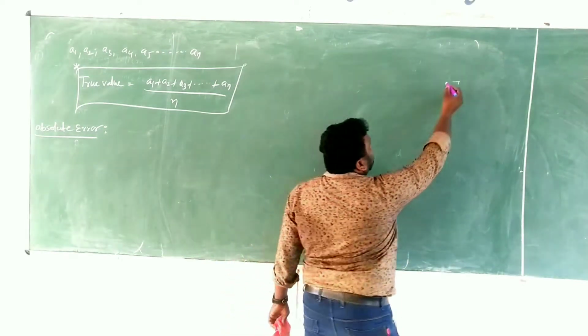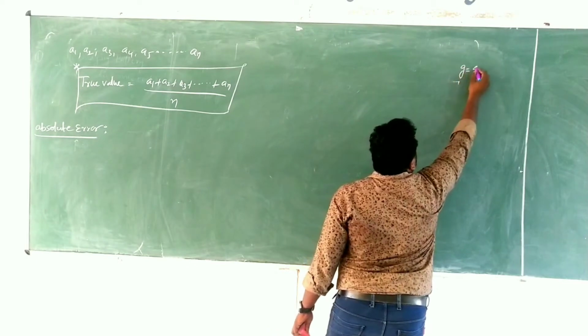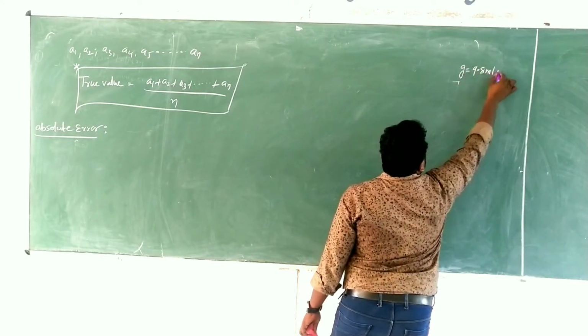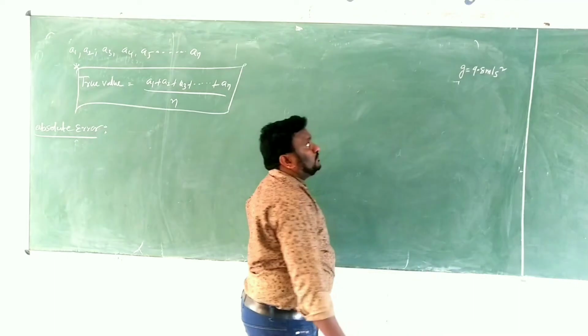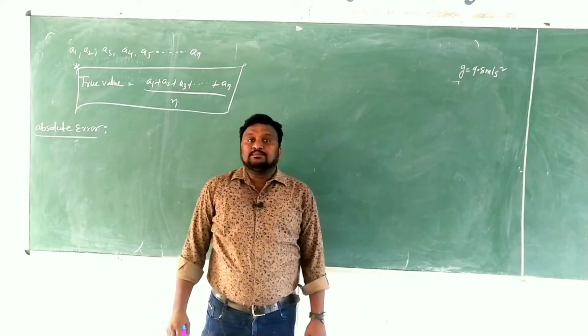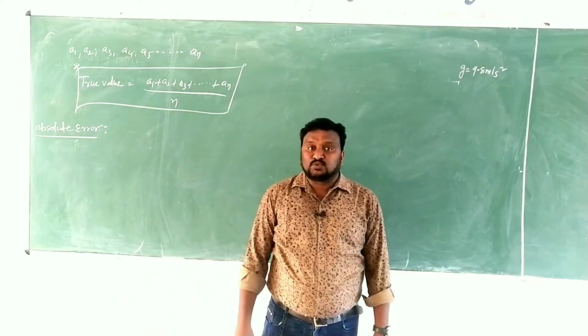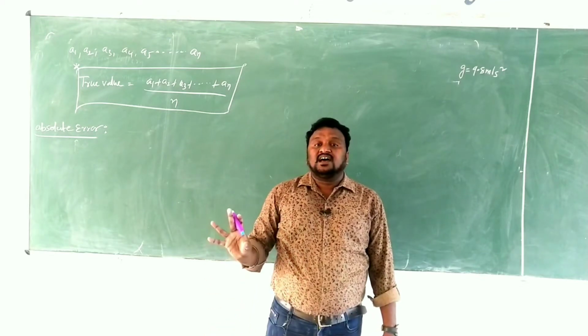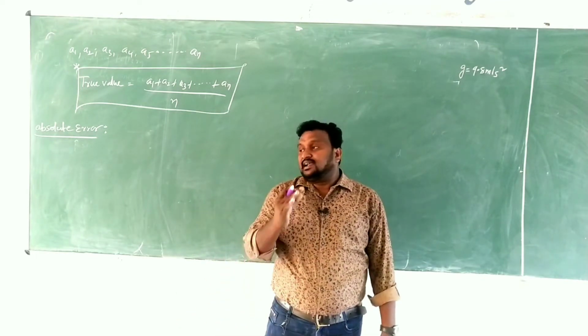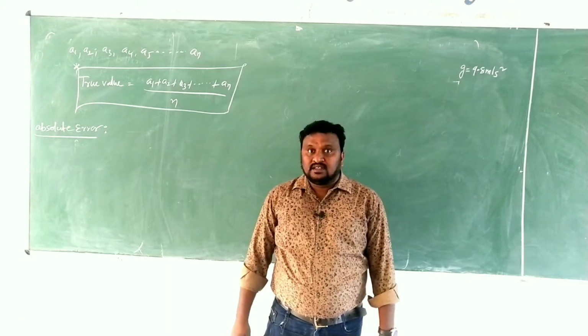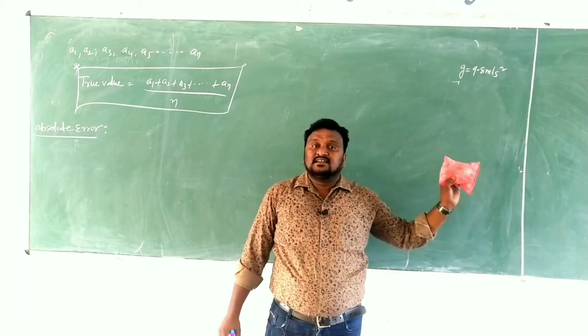So we know that g is equal to 9.8 meter per second square. Clear? It is the average value or the constant value for g.